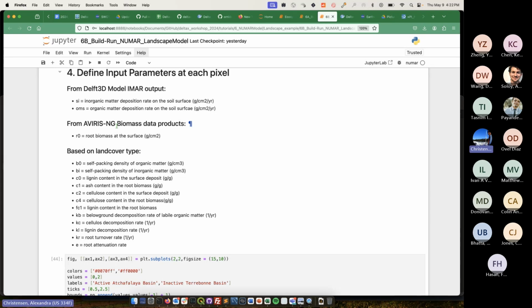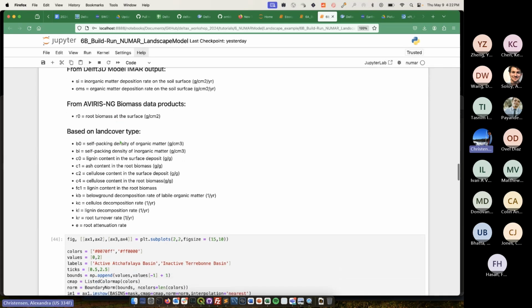From above ground biomass, using the ratio from Castaneda-Moya, we can convert it to root using the root to shoot ratio and convert it for top 50 centimeters below ground biomass. Then we can apply our algorithm and get the R0 value, the root biomass at the surface. The root attenuation rate is coming directly from the 6 sites we are working on right now.